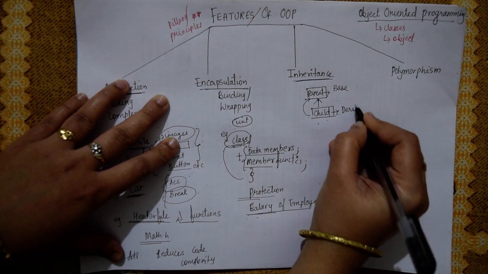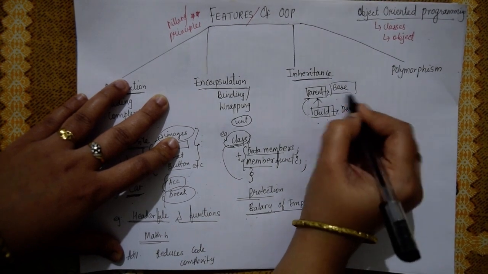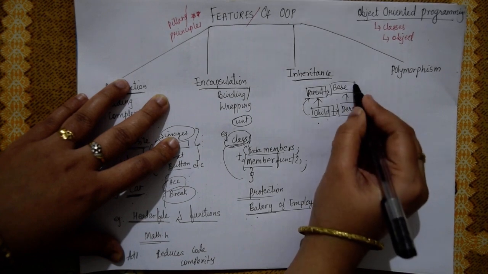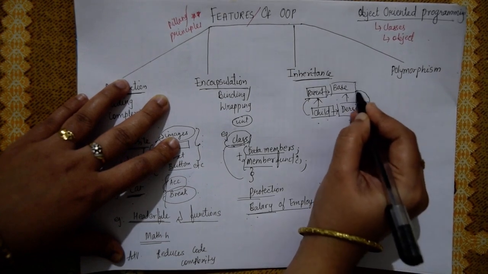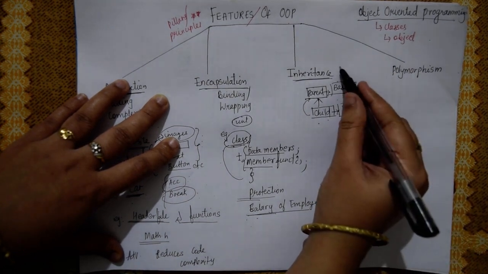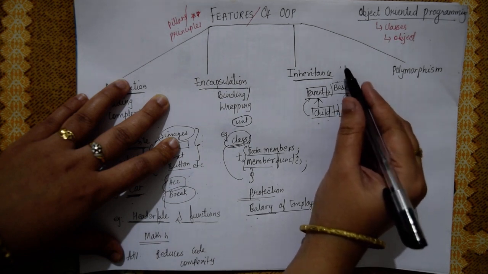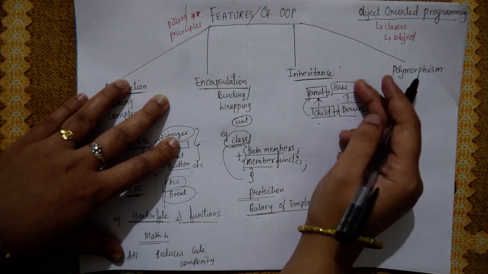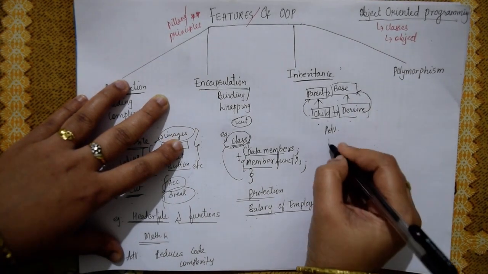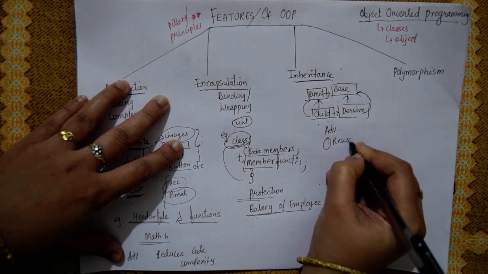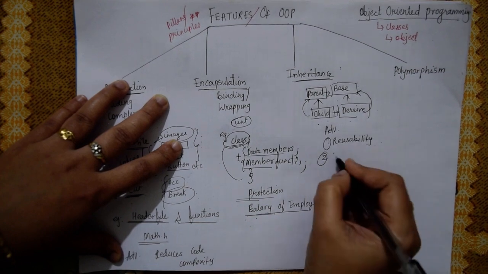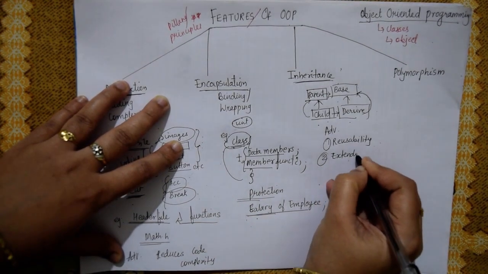Okay, so inheritance is deriving a new class from an existing class, or acquiring the properties from the base class. There are many types of inheritance. We will have a separate video on this. Now the advantages of inheritance are, first, reusability, and second, extendability.